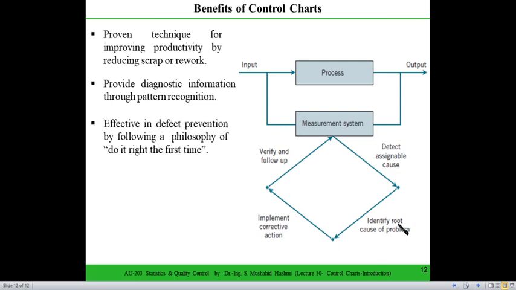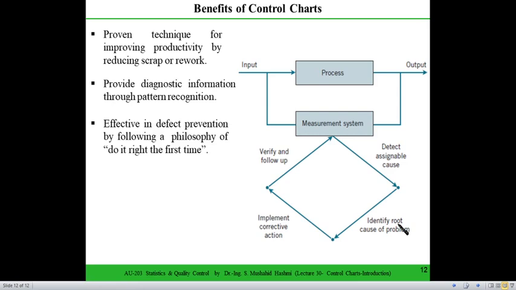The process control charts are effective in defect prevention by following a philosophy of do it right the first time. So whatever your system is, whatever 6 M's are involved in this production process, the intent is to reduce the number of defects.